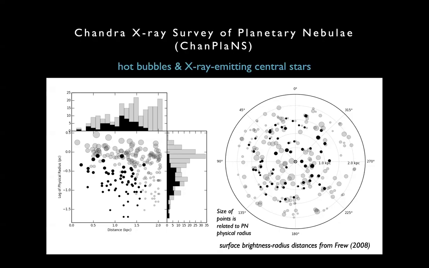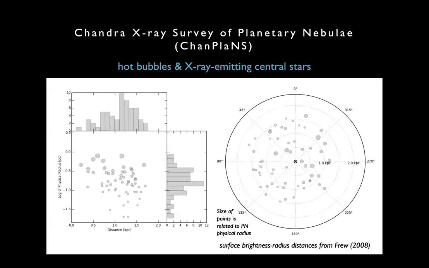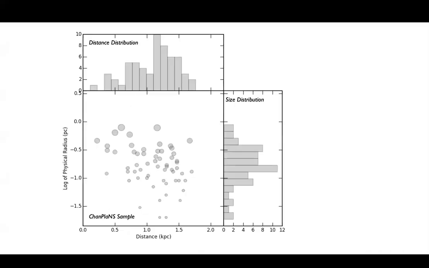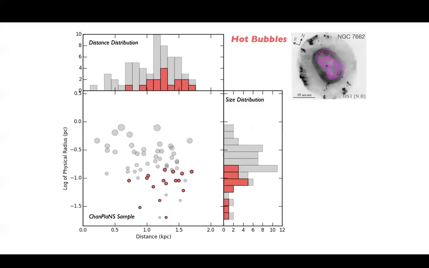One of the better catalogs of planetary nebulae, shown in terms of the physical size of the planetary nebula and the distance over here. So that's kind of the sample that we picked out. These are the planetary nebulae we actually looked at. And here is a quick tour of the results.